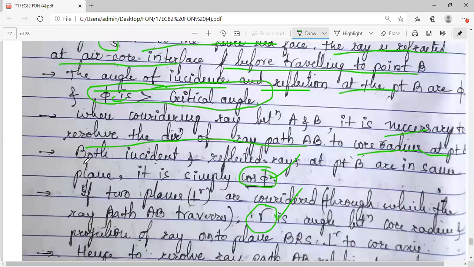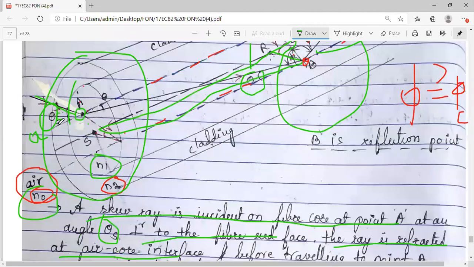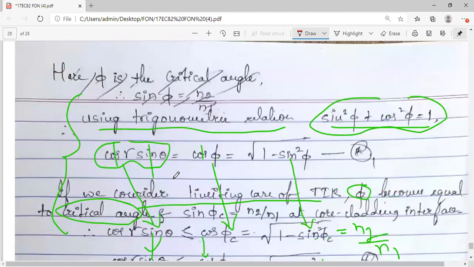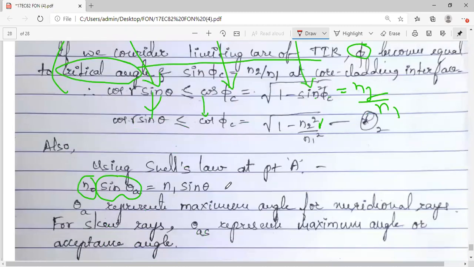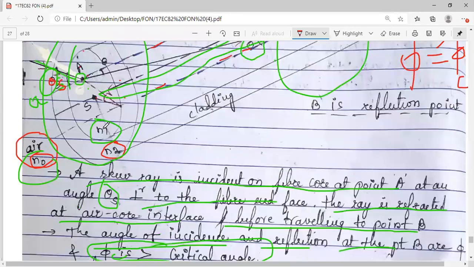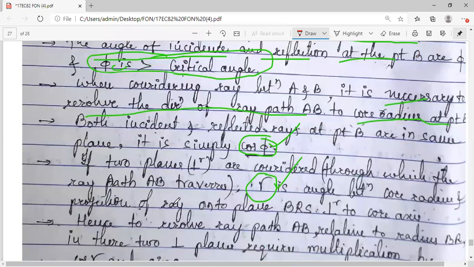In the figure I have taken theta S, for skew rays, but the equation I am using, Snell's law in general, is for meridional rays. We will see what changes we can make.